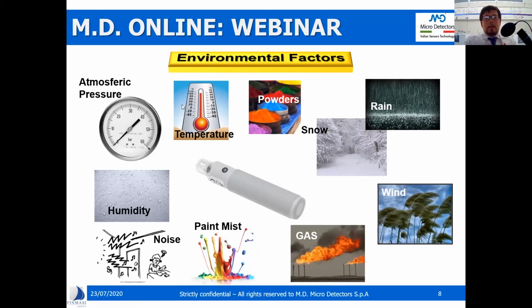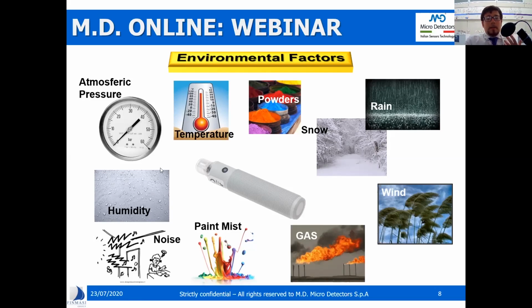For instance, the pressure. Our ultrasonic sensors are designed to work with standard atmospheric pressure, meaning a pressure of 1 atmosphere or 1 bar. Otherwise, if the pressure is higher or lower, we will have some nonlinear behavior of the speed of sound.